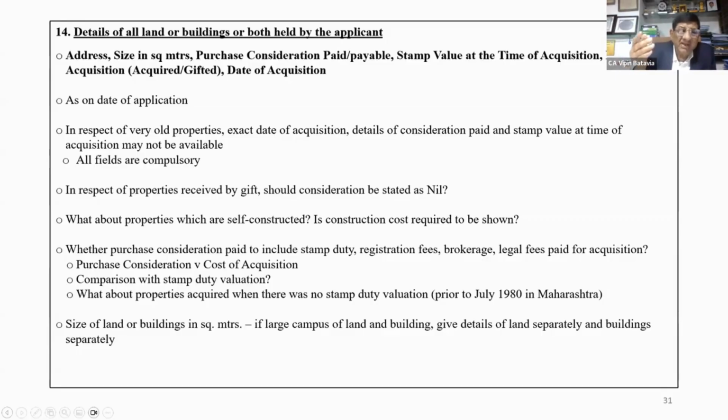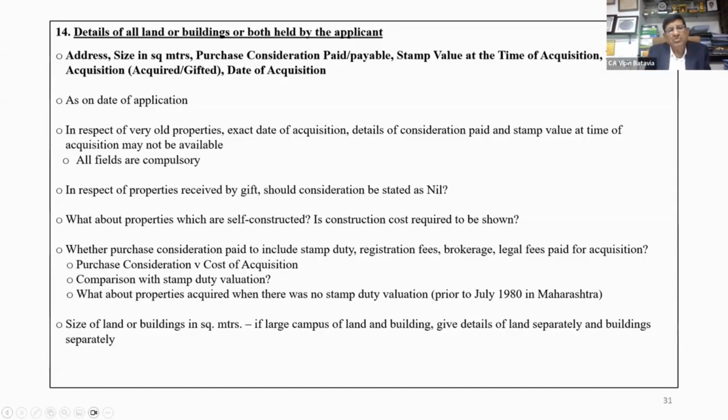We have no idea why these data are collected: the details of the property, when you have held it, how you acquired it, the date of acquisition, and the stamp value on the date of acquisition. I don't know why these details are required for registration. But anyway, the government is collecting the data and asking for these details. There are practical problems in these details.